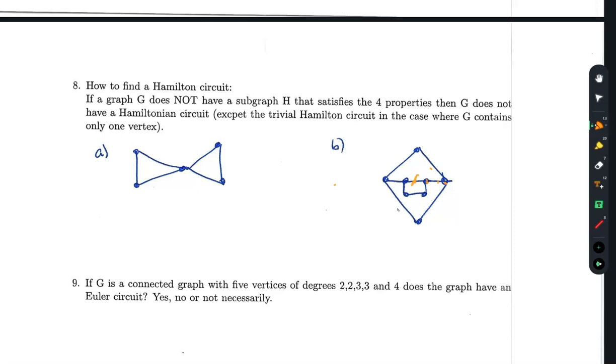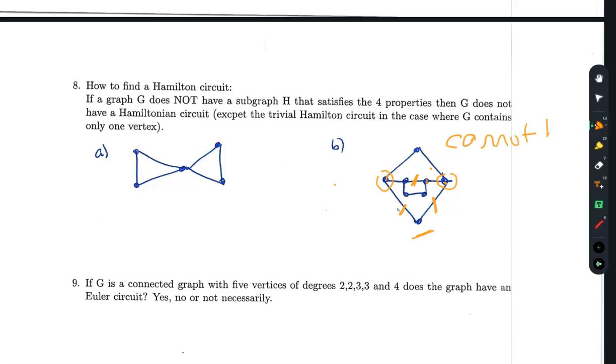it's not going to be possible for me to keep it connected. I can't take that one out, and I've got these ones. If I take those 2 out to make this a degree 2, this vertex or this city is going to be all on its own, and so it cannot be done.